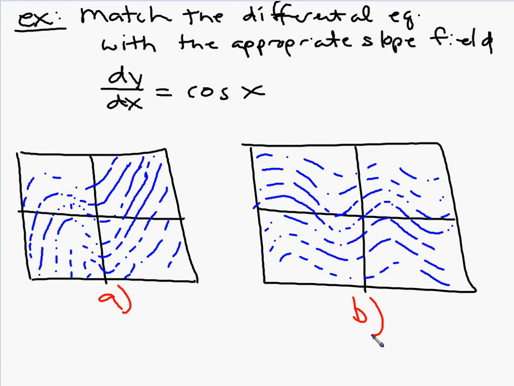So which slope field looks like the appropriate slope field for the differential equation that we're given, A or B? It's B, isn't it? Because doesn't this look like sine? Right? What does A look like? Doesn't it look like a cubic?